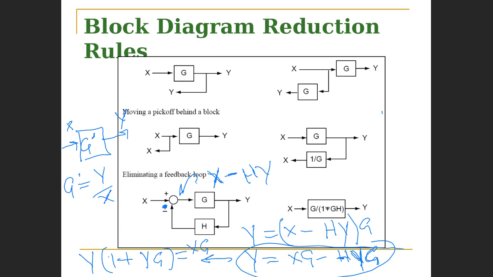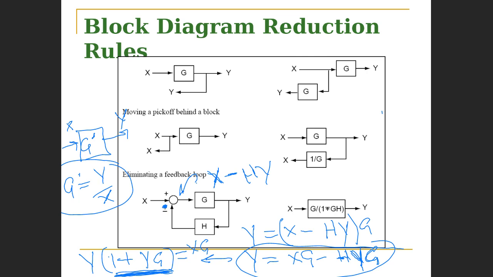Now remember what we want to achieve: when we do that, we have the transfer function. So we need to have Y over X. We're transposing, right? We need to take this term and carry it over to the opposite side.